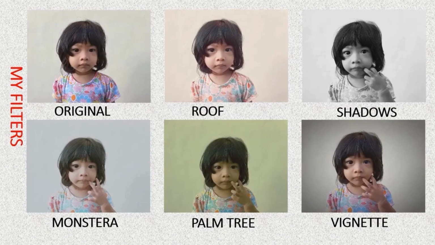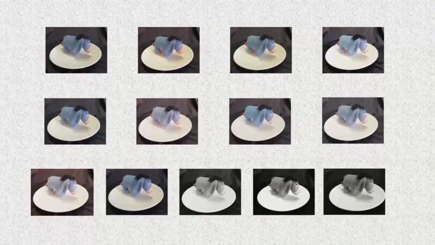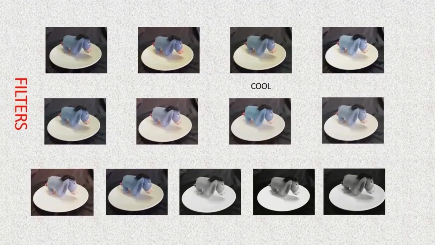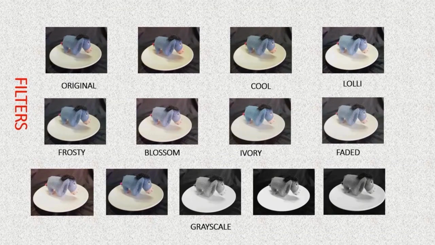Your picture will look cool: original, lolly, ivory, blossom, frosty, faded, grayscale, kiss me, soft, classic, black and white, and warm. You just try yourself what kind of facilities provided by your device.